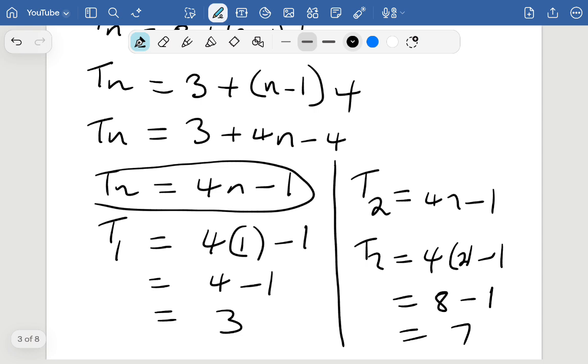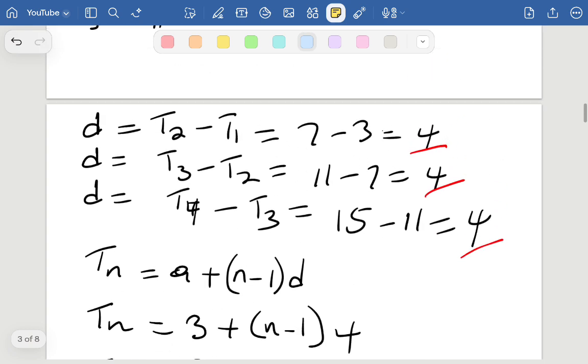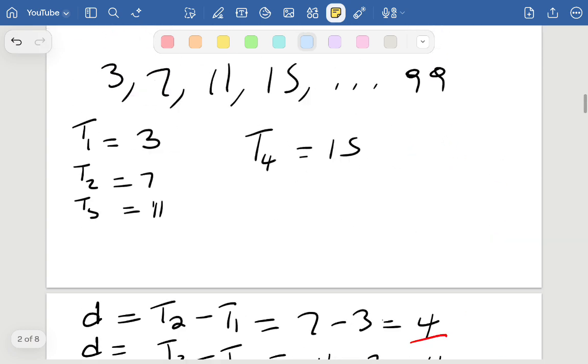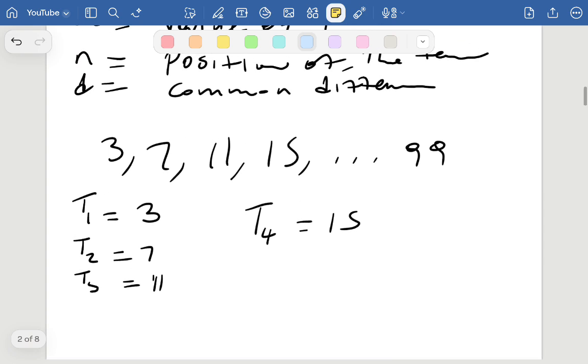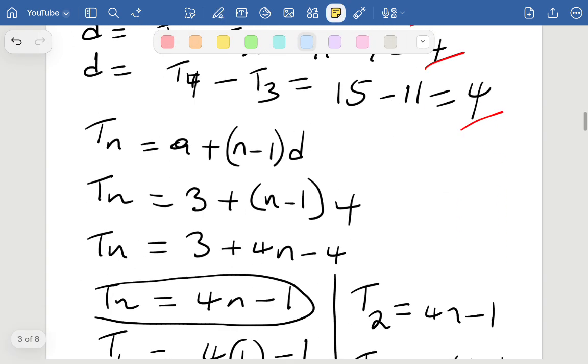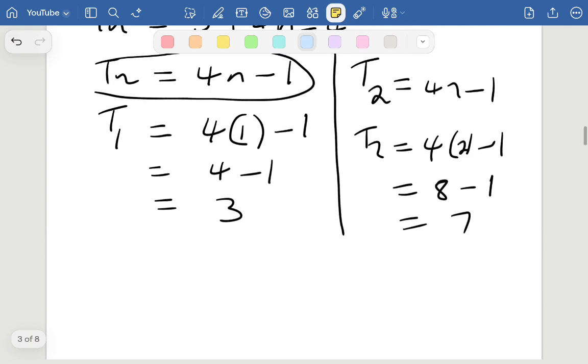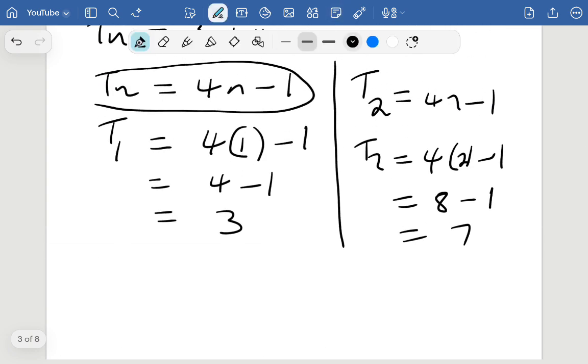Now we want to see if our T3 is 11. Let's quickly go and prove if we are going to get 11. T3 is equal to, apply the same formula, 4n minus 1.